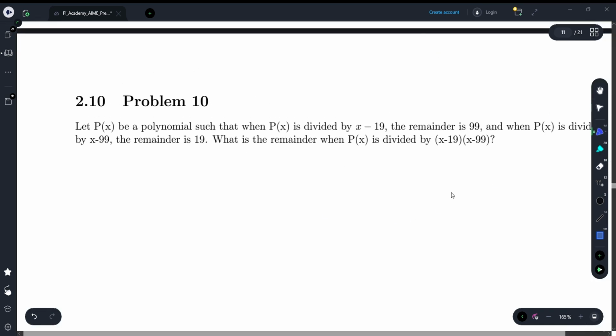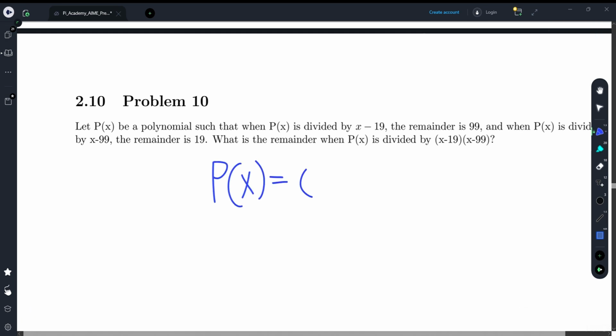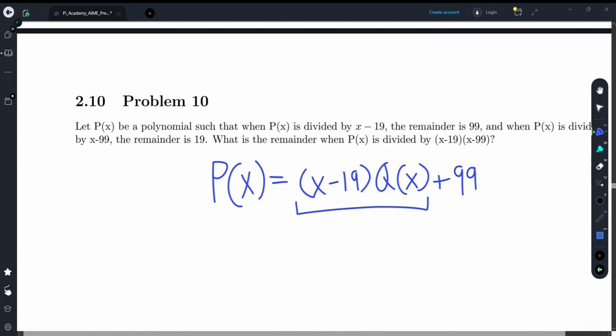So I believe using the division algorithm, we can write this as p(x) is equal to (x minus 19) times a quotient of x plus 99. So this is the quotient, what we're dividing by, the remainder.